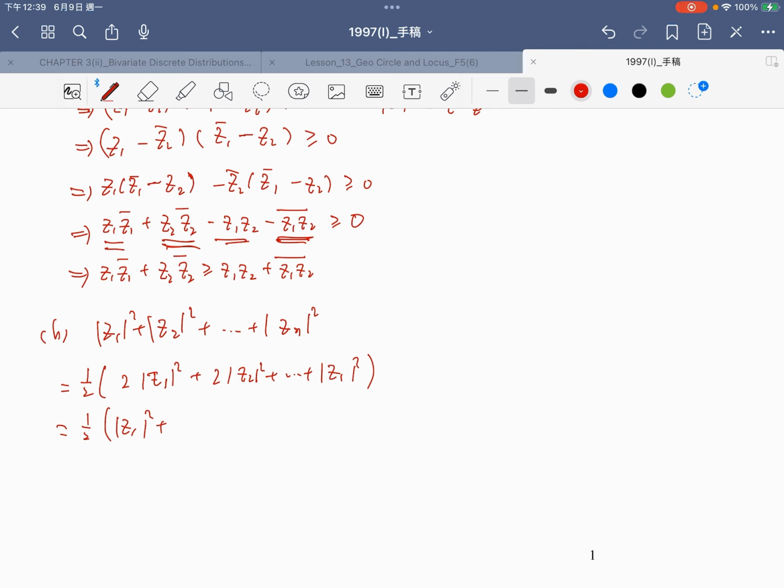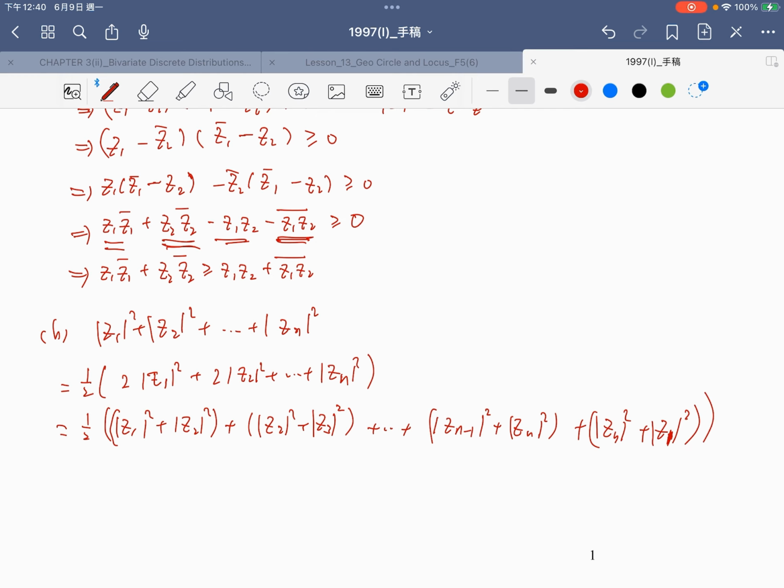In this case, I group Z1 and Z2. This is one group. And then the second group, Z2 plus Z3. Then the last two terms are Z(n minus 1) squared plus Zn squared. The last one, Zn plus Z1.